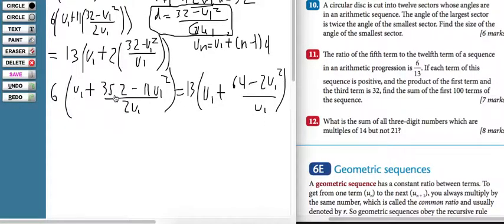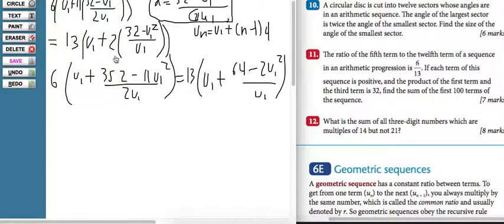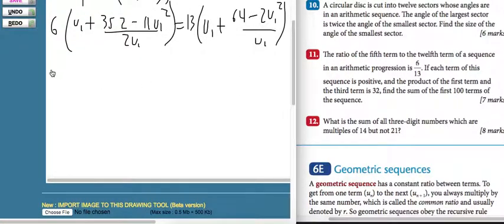Now let's try to bring this u1 into this here and u1 into this here. So we multiply this term by 2u1, so we have 2u1 squared. Let's simplify right now.